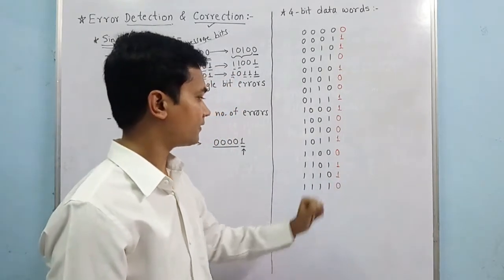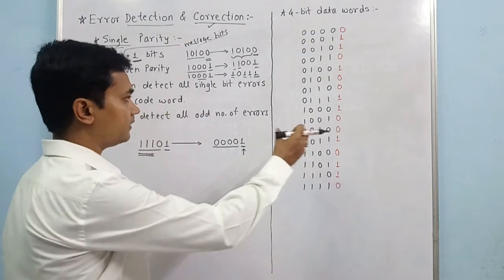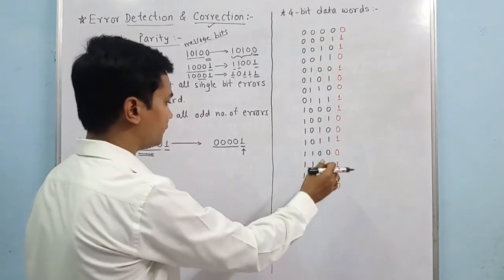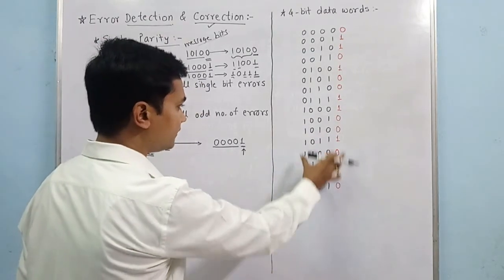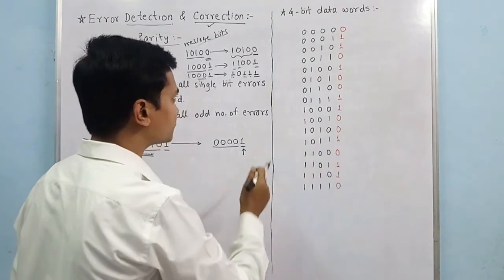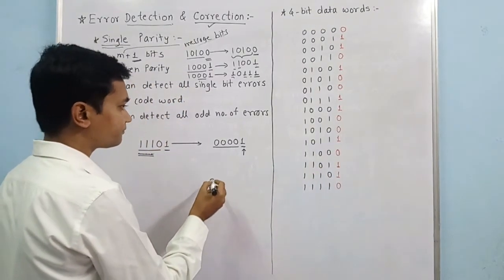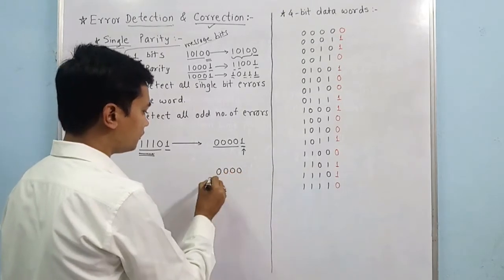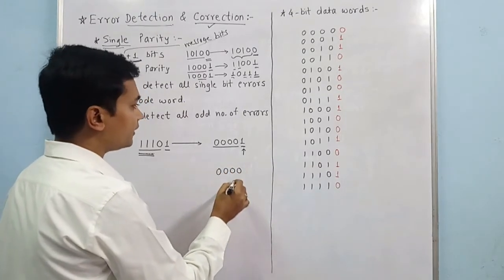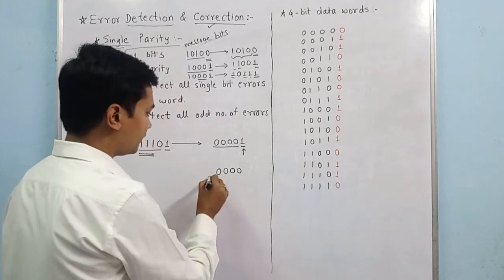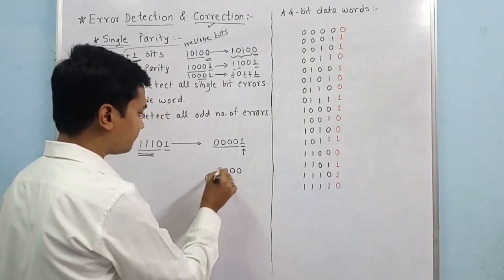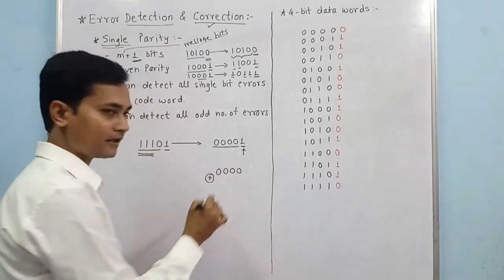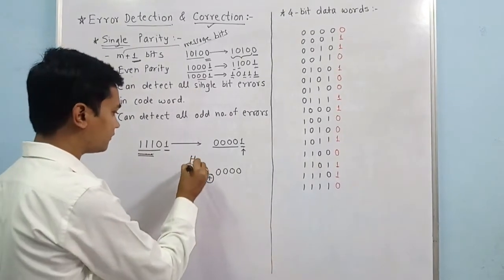Okay, now let us see why I am saying one error bit. Because if you take this bit format, let us say 0000, the error can be found by using an XOR operation, that is called Hamming distance.